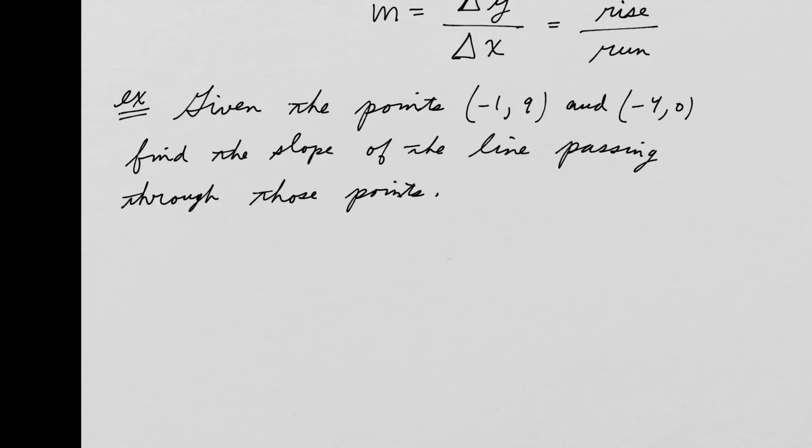Okay, so it doesn't matter what you label the ones and what you label the twos. So what I do is the first point I see, negative 1, 9, I'll just call that the 1. So this is x1, y1. Remember, it's always x, y. And then the second point that I saw, negative 4, 0, I'll call that 2. So this is x2, y2.